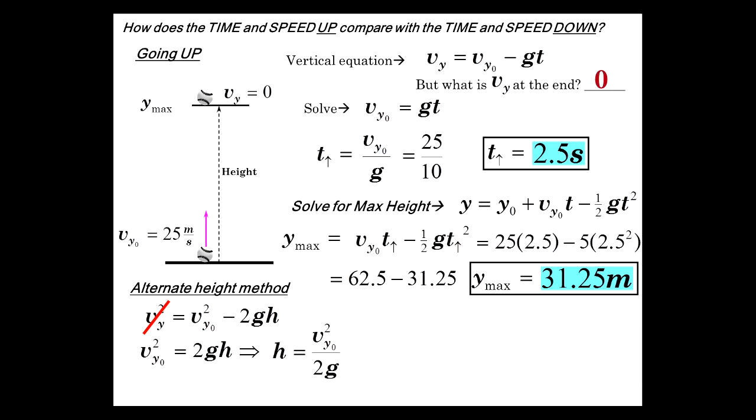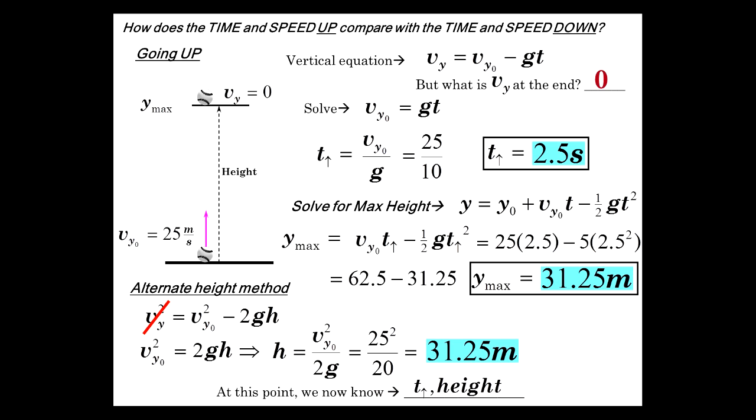H is Vy0 squared over 2g. Do we have Vy0? That's initial vertical speed. Yes, that's our 25. And 2g is known, so plug it in. 25 squared over 20. 31.25 meters. So it indeed gives us the same result, and at this point we know the time up to the top of the flight, and we actually know the height. Let's now get the time and speed going back down.